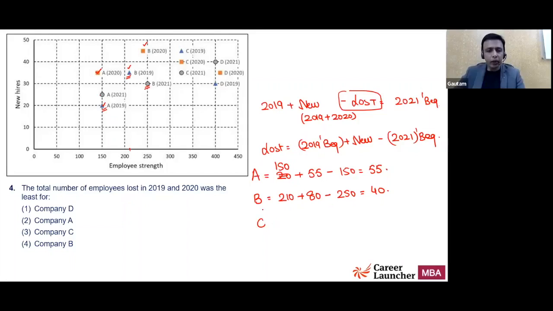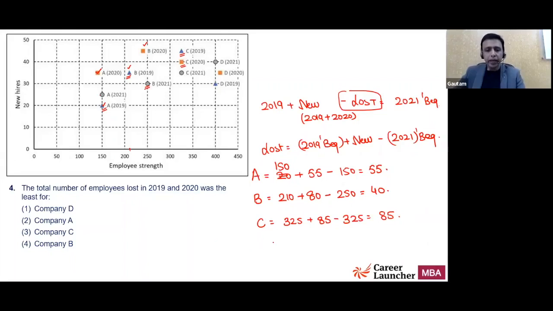Looking out for company C. Company C, the number of employees in the beginning of 2019 was almost 325. New hires for 2 years would be 40 plus 45, that is 85. At the end is again 325. So 85 employees have left company C.